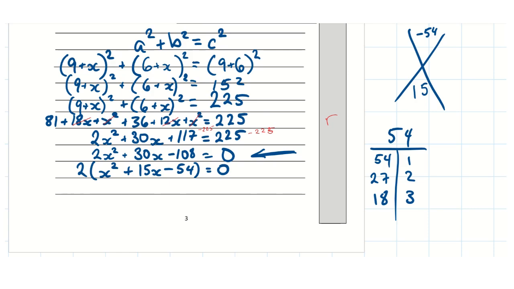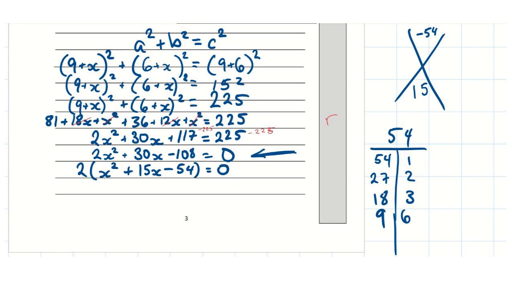Can we get 4 in there? No, we can't. 5 won't do it. 6 probably will. What's 6 going to be? 9. And 7 won't go in, and we're kind of back at the beginning. So these are all of the factors of 54.